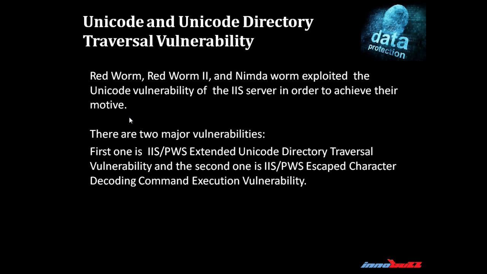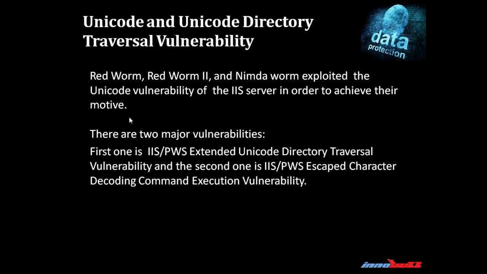Let us now look into Unicode and the Unicode directory traversal vulnerability. Code Red, Code Red 2, and the Nimda worm exploited the Unicode vulnerability of the IIS server to achieve their motive. There are two major vulnerabilities.